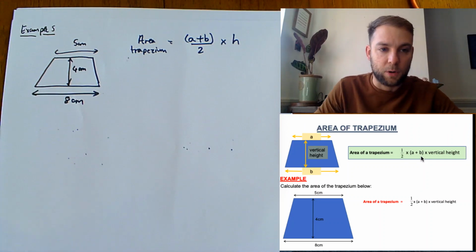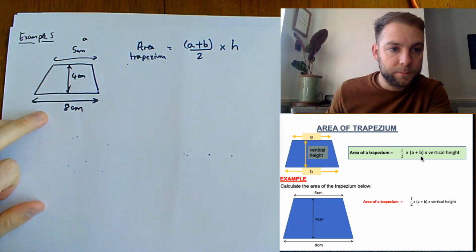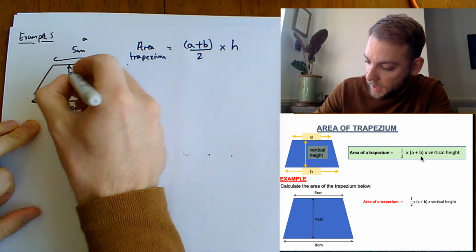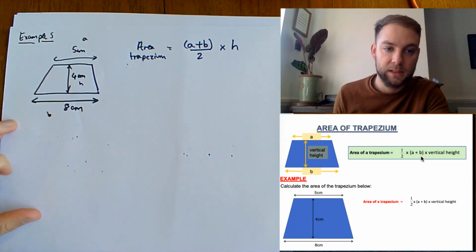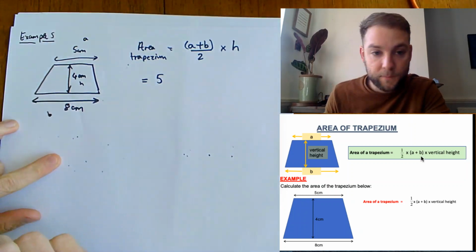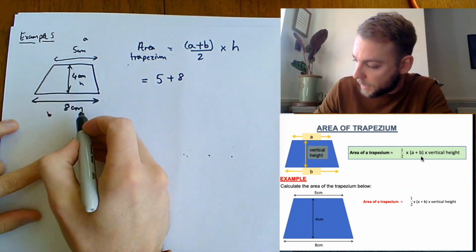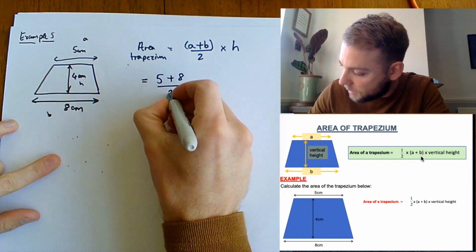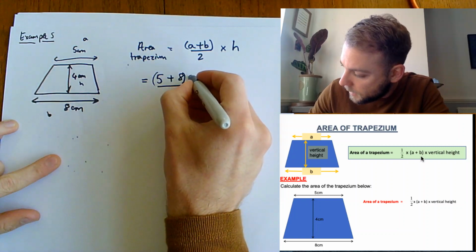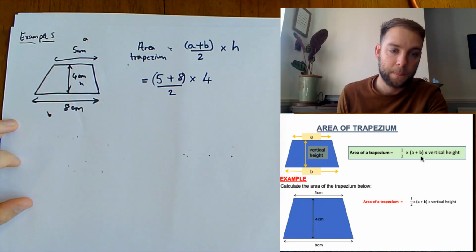So, going back to this one, we have A is our top part, B is this part here, and H is this part here. So it's going to be equal to 5 plus 8, so A plus B, divided by 2, times by the vertical height, which in this case is equal to 4.